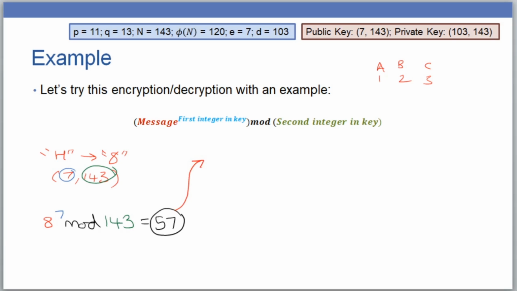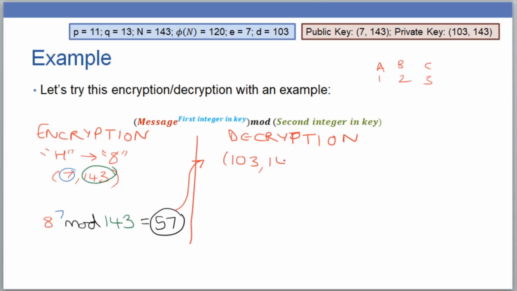In order to decrypt after this, let's just divide these up. This is encryption. And now over on the receiver's side, this is decryption. The receiver would use the exact same formula, just using their private key, which is up here, and that is 103, 143. And they are attempting to decrypt the number 57.